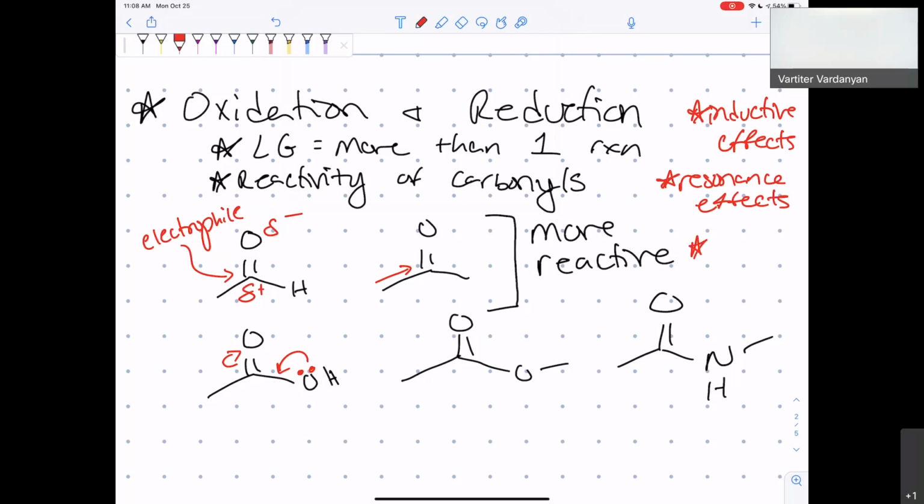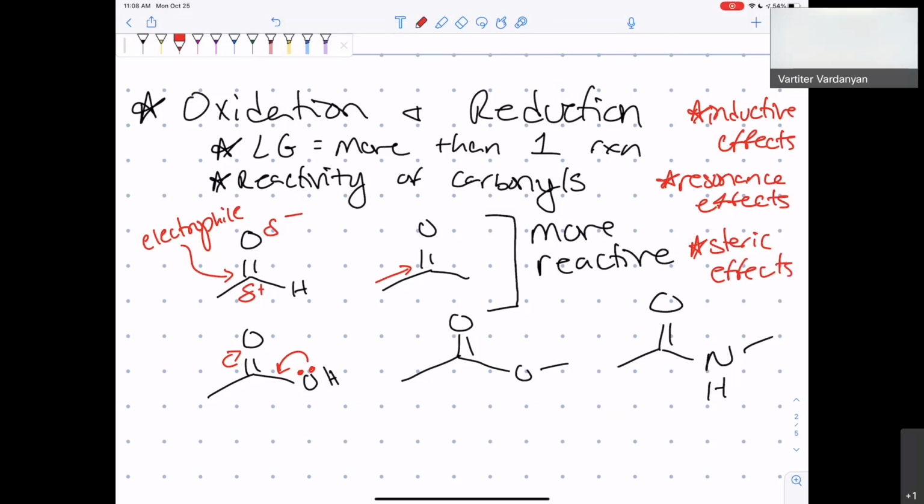When you're looking at a CH3 group versus an OH group, what's another big difference? Sterics, exactly. The oxygen is huge compared to a CH3. So we're also looking at sterics.